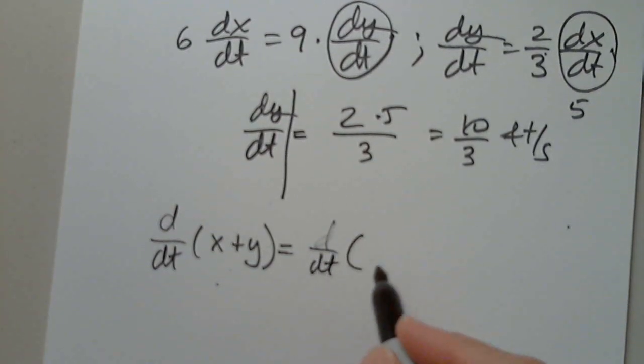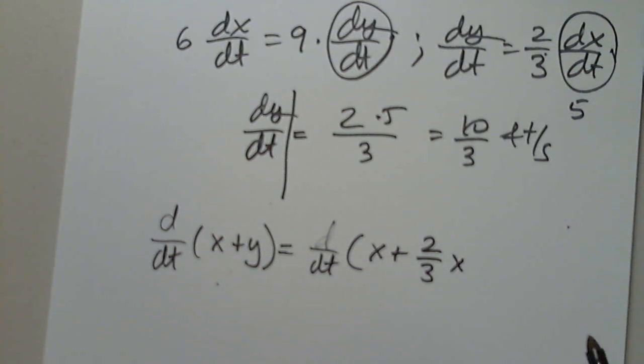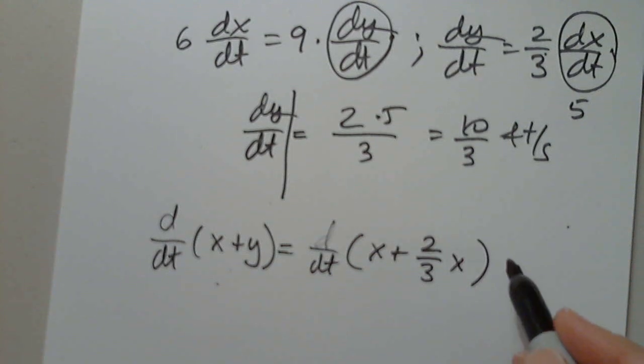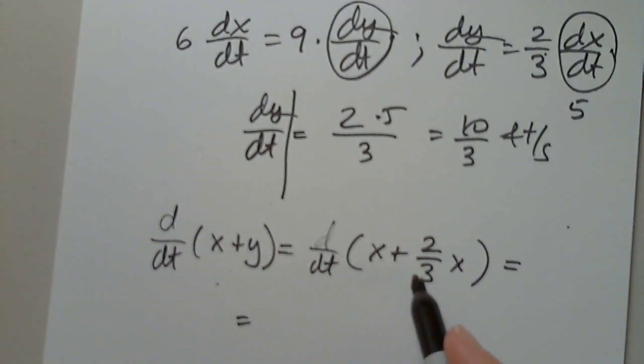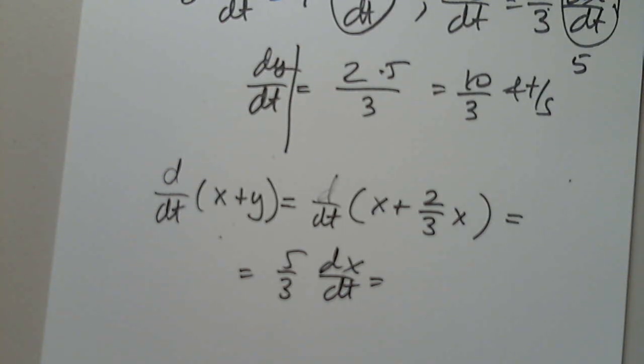So d over dt of x plus 2/3 x is the same thing. That's 5/3 times dx over dt. Honestly, I don't understand why they gave us the 40, because it isn't needed. So it's 5/3 times 5, which is 25/3 feet per second.